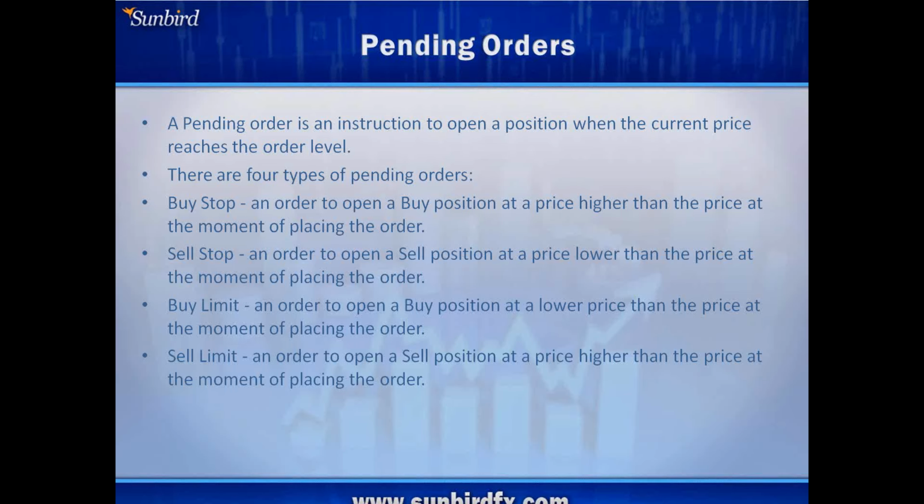Okay? Sell limit is the same thing. It's an order to open a sell position at a price that is higher than the current market rate. So if your current market rate is at 1.5, once it reaches 2.0, which is your sell limit, you go short. You go on the sell position.